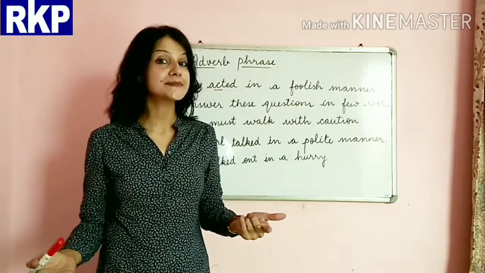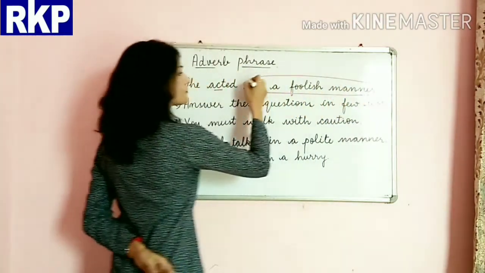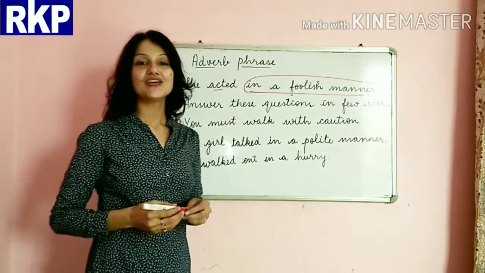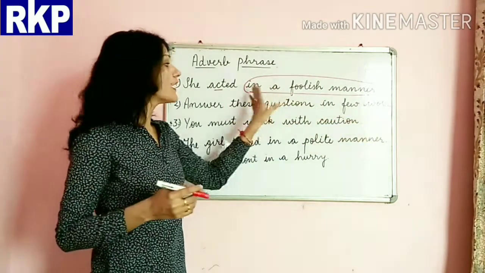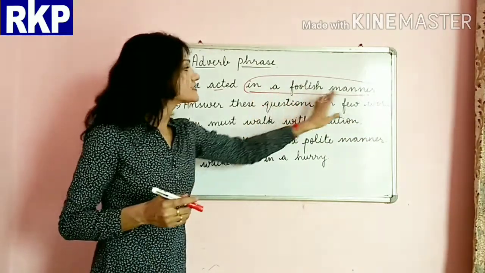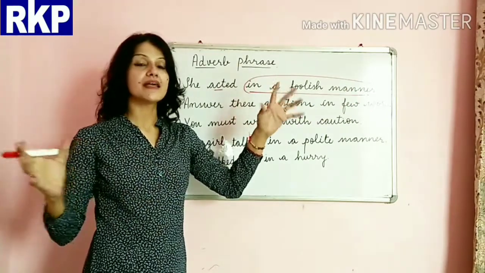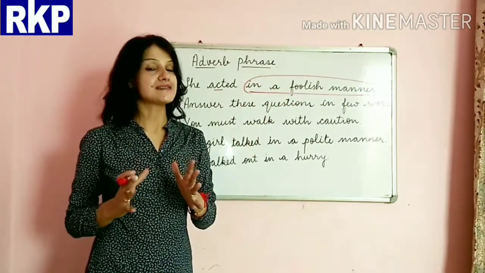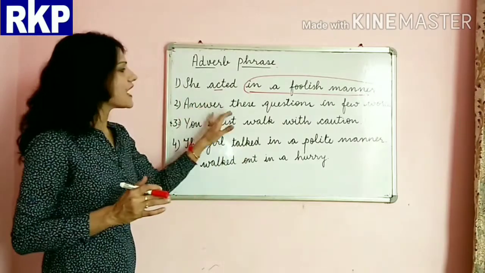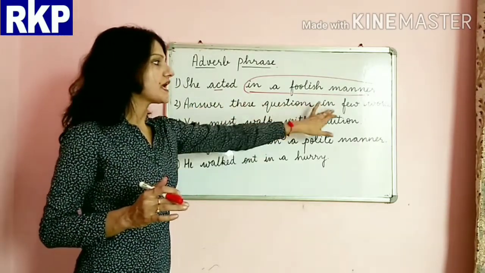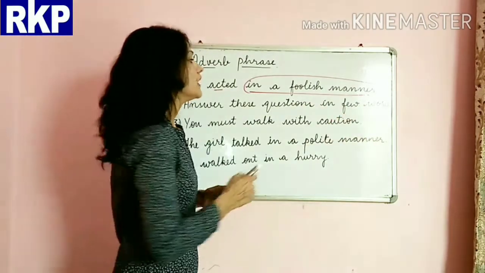How did she act? In a foolish manner. So here the group of words, in a foolish manner, is acting as an adverb together.